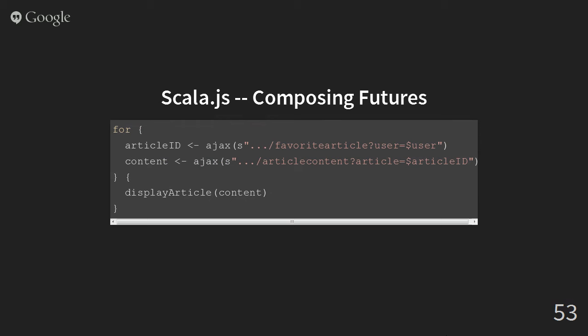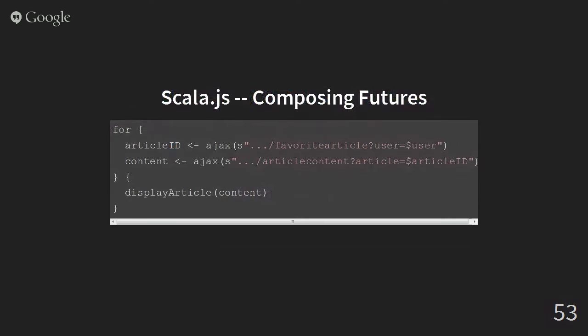I can just use several arrows over my chain calls, and this way I can use the article ID that I receive asynchronously from this Ajax call into this call, and eventually I also receive this one in an asynchronous fashion, and then I can use it here.